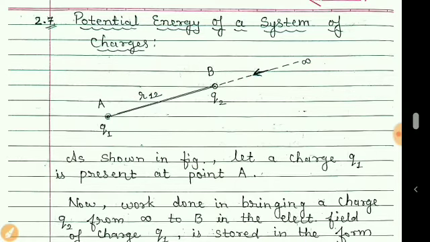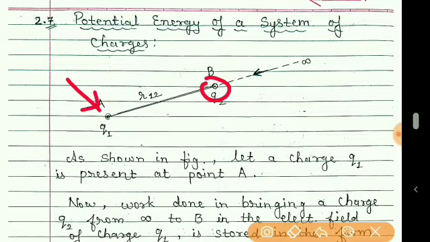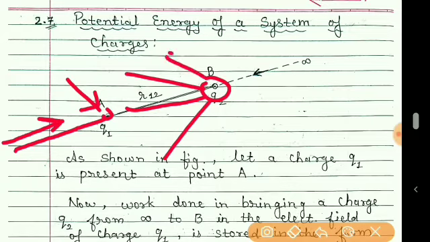In another way, we can imagine that we have already kept charge Q2 and now we want to place charge Q1 at this point. Once again we have to bring charge Q1 from infinity to this point, and when we are displacing this charge Q1 towards point A, it is moving in the electric field of charge Q2.